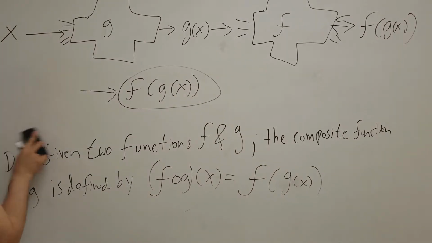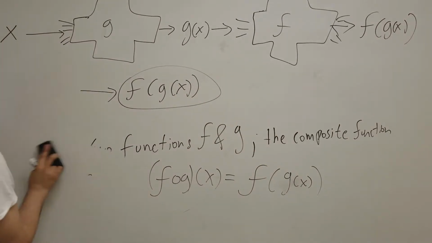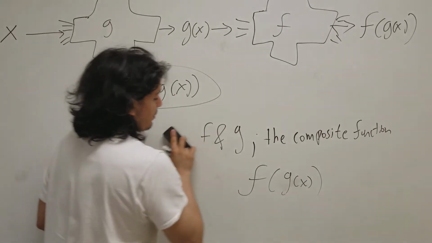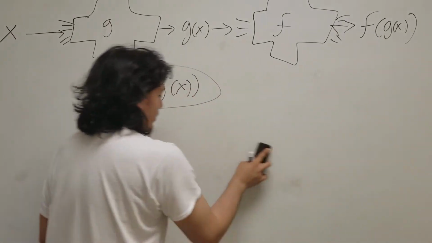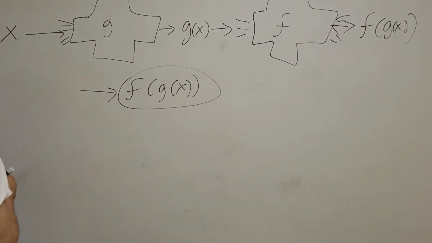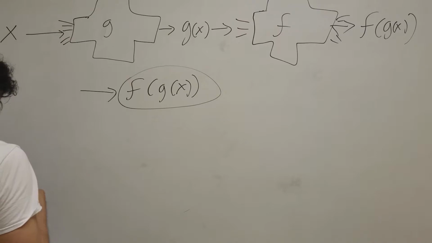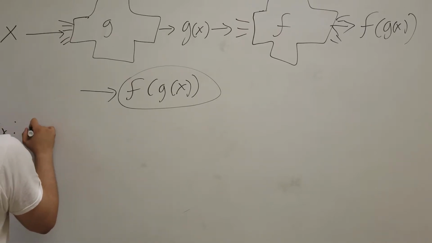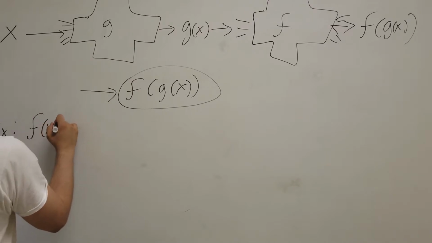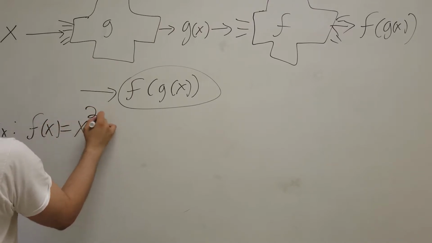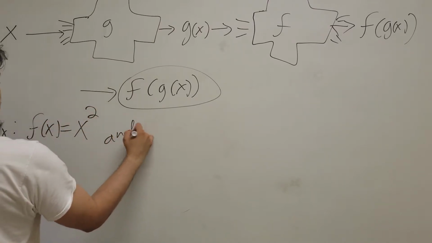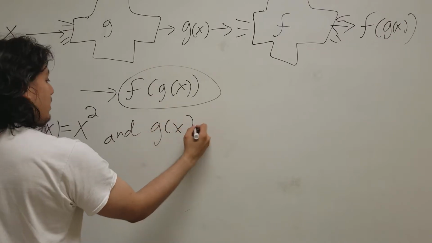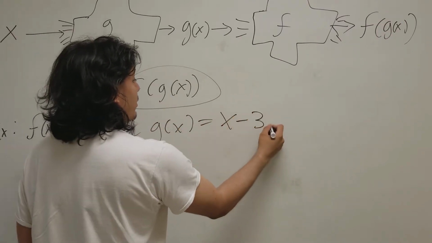And let's try a physical example. Let's say f of x is equal to x squared and g of x is equal to x minus 3.